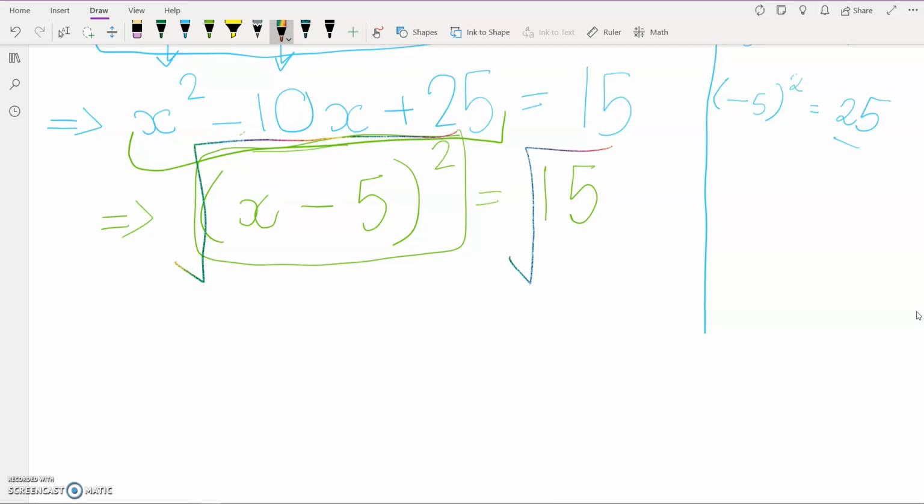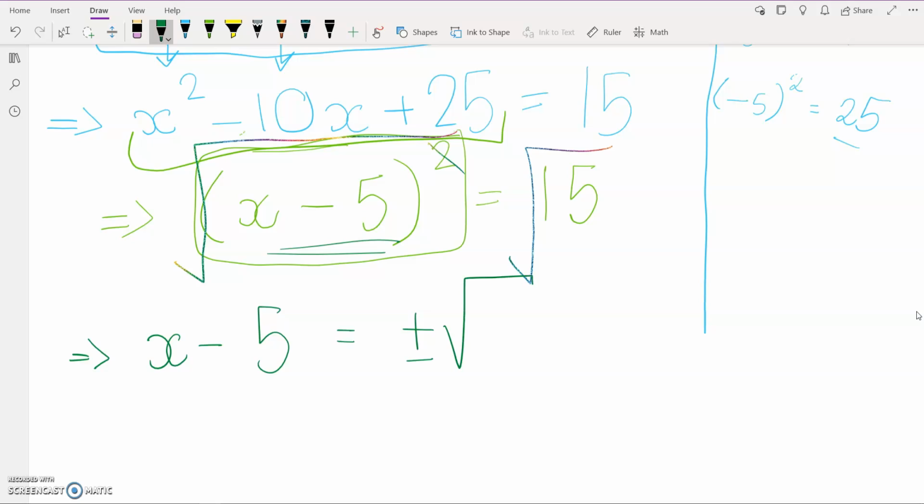So we can now take the square root of both sides, the square root and the square on the left-hand side cancel, right? And so we get x minus 5, the radicand, is equal to plus or minus the square root of 15.